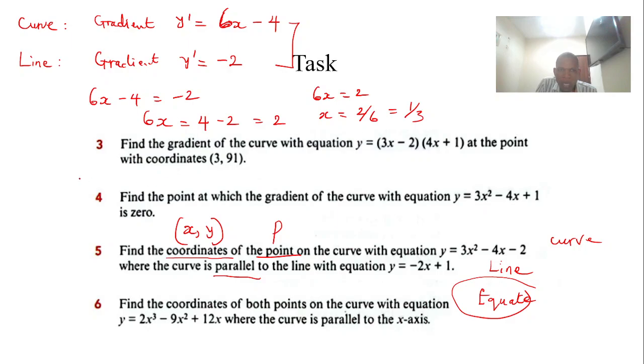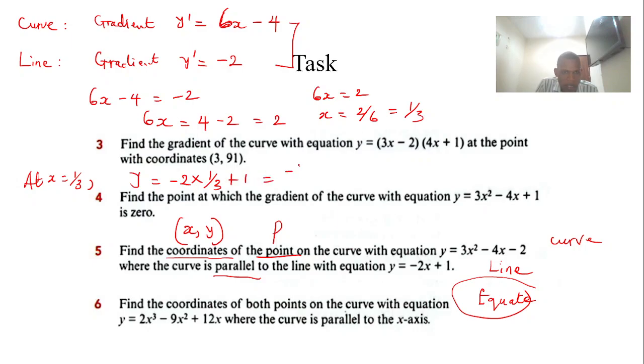Now I'm going to plug in my answer into either the curve or the line. Let's use the line. So at x equal to 1 over 3, let's get what y will be. So I have y equal to negative 2 times 1 over 3 plus 1, right?